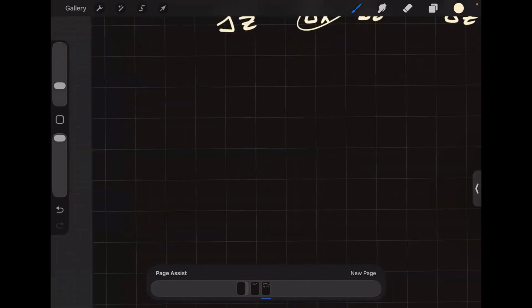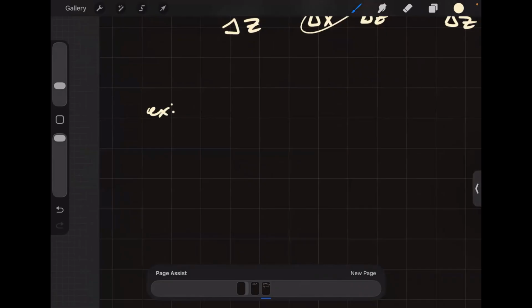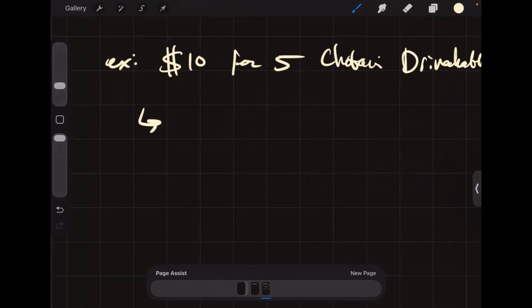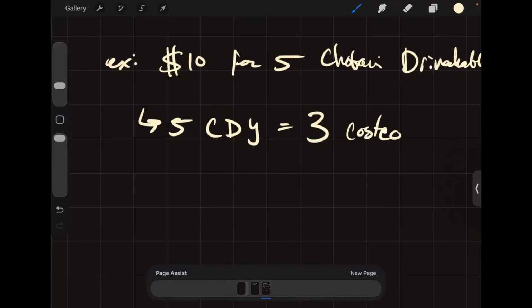All right. So for example, you have $10 for 5 Chobani drinkable yogurts. And for every 5 Chobani drinkable yogurts, you can get 3 Costco hot dogs.